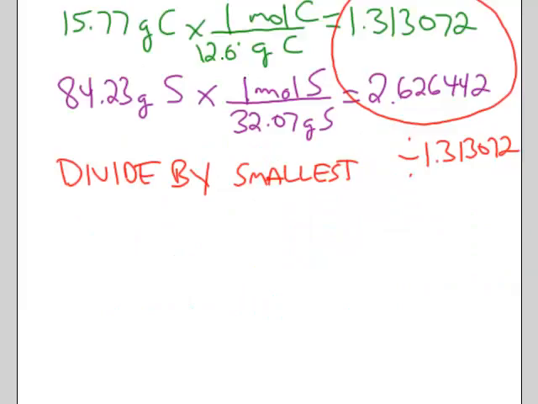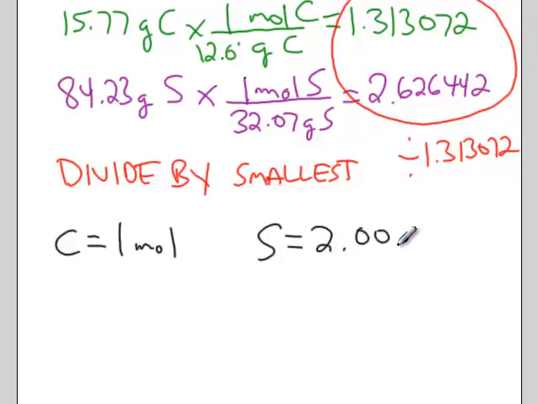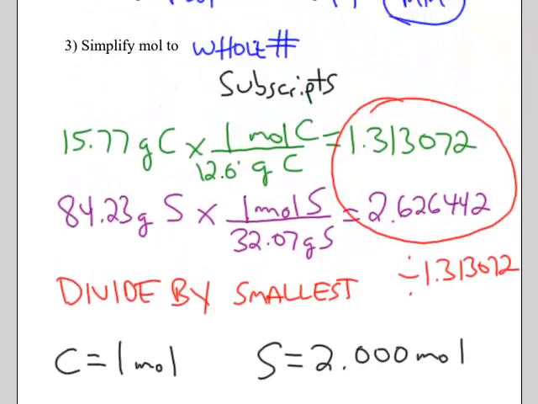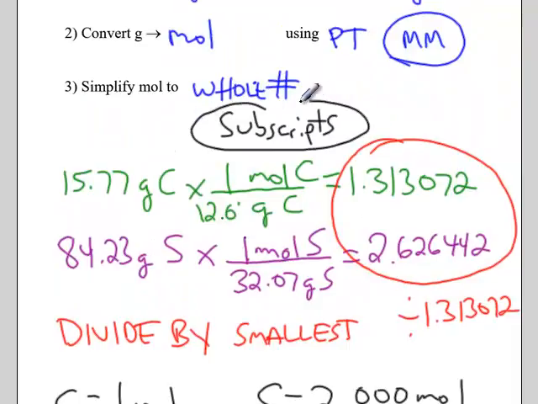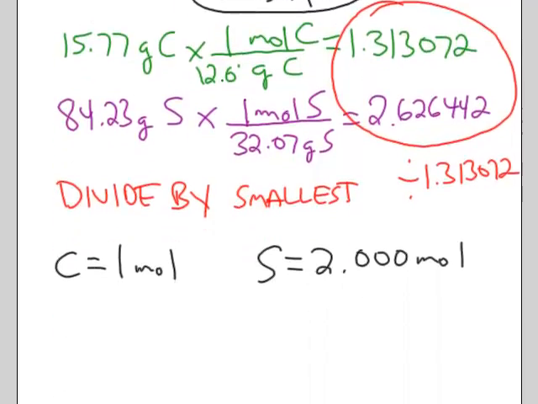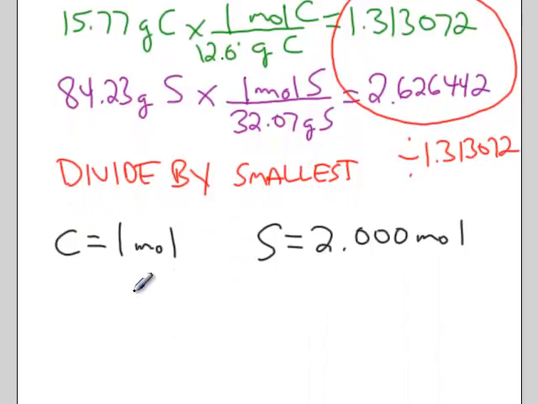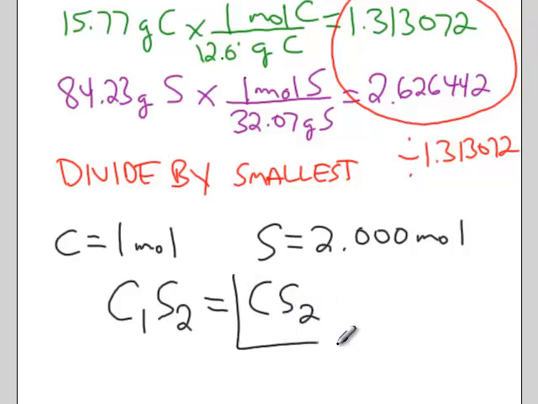And when I do that, obviously the carbon is going to turn into just 1 mole, and the sulfur is going to be 2.000 moles. So remember, those moles that we're getting, those whole numbers, are the subscripts that we need in the chemical formula. So I have 1 carbon for every 2 sulfurs, which I write as CS2, which is the chemical carbon disulfide.